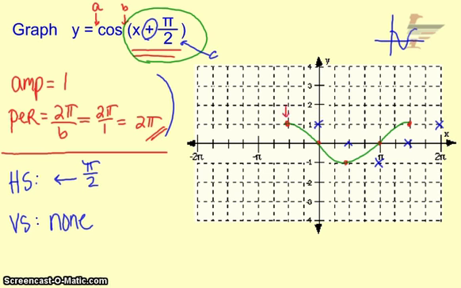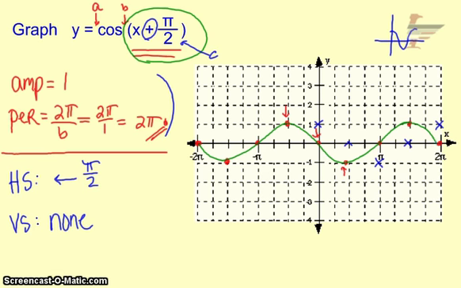If I take this point and I go to the left 2 pi, that's 8 spaces, which takes me off the graph. This one, however, when I go to the left 8 spaces, or 2 pi, is on the graph. So I know that it's the corresponding point in the cycle before it. This one down here, if I go to the left 8 spaces, puts me here, and so on and so forth. And you can get the same points in the cycle before or after if you just count by the period.